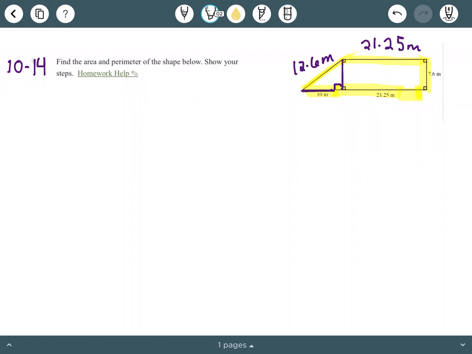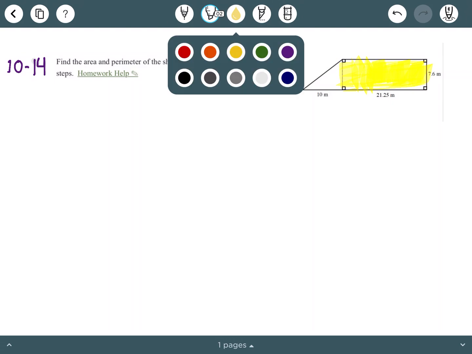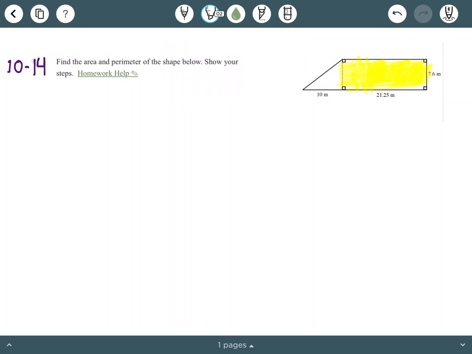All right, that was our perimeter. Now we need to find the area. So let's go ahead and take a look at our figure here. If we look at our complex figure, we have a rectangle and we have a triangle.